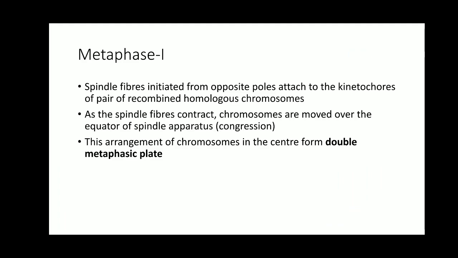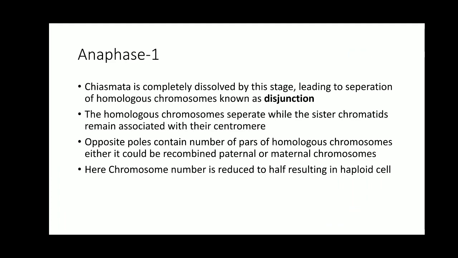And in anaphase 1, though a slight chiasmata was found in the metaphase stage, the complete disappearance of chiasmata is going to take place, leading to the separation of homologous chromosomes, known as disjunction.